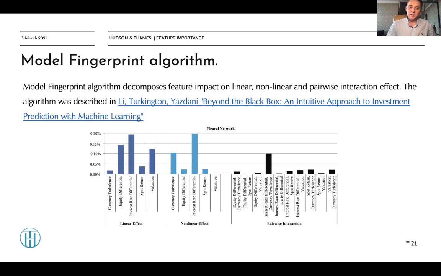This algorithm is very efficient because, in the paper, the authors show that, for example, for linear types of models, the nonlinear and pairwise interaction effects equal zero, because that's actually how a linear model works. They just have only linear effects, for example, linear regression, etc.